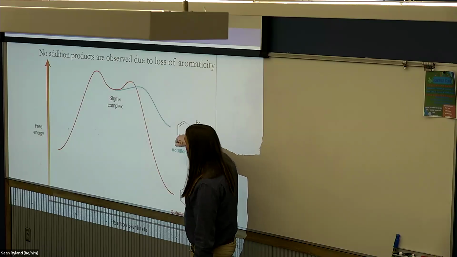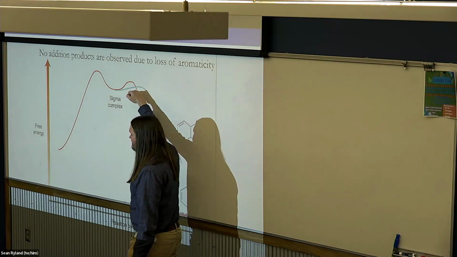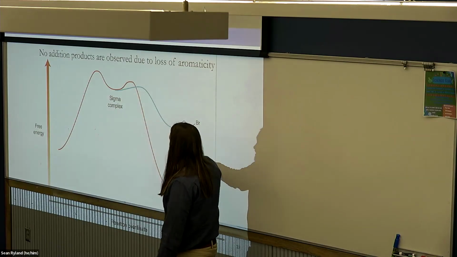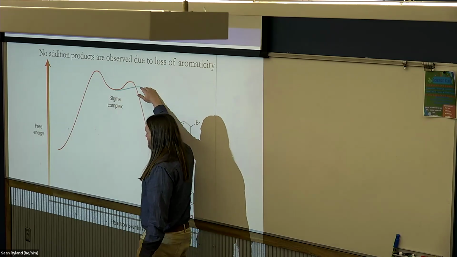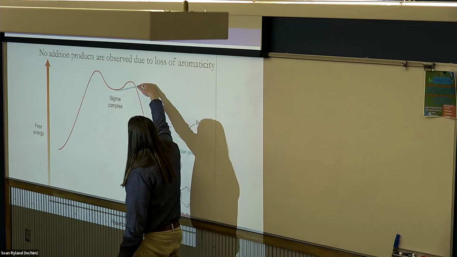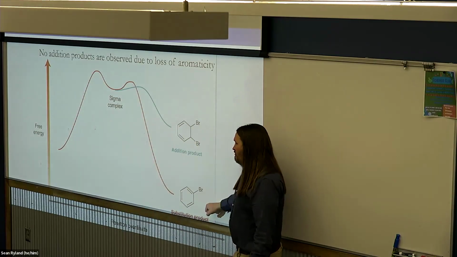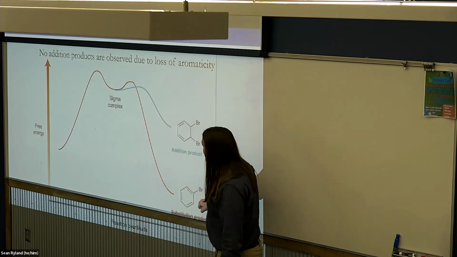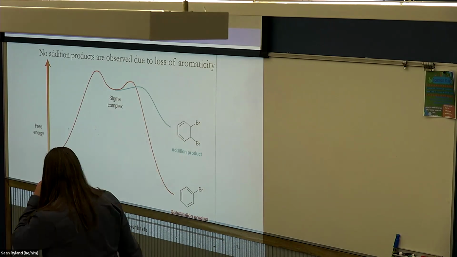It actually probably is slightly lower in energy for the transition state than making our substitution product. But they're close. Obviously this isn't to scale, this is all qualitative. They're close to the same, but this one's so much more favored by thermodynamics that we're basically only going to see the substitution products.